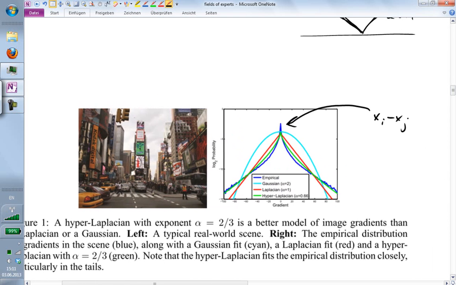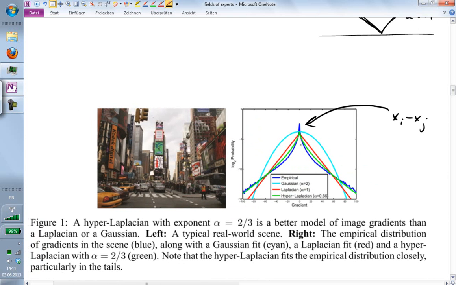You see that we have many small gradients because our world is smooth and doesn't look like white noise. And we have few large gradients, which is also why here in the very tails, the histogram starts to become a bit shaky, because here our statistics are no longer as good. We just don't have as many counts of pairs of pixels with such extreme values out there.